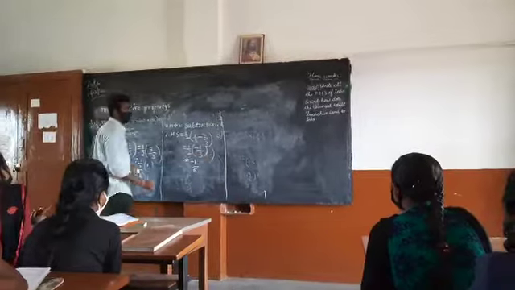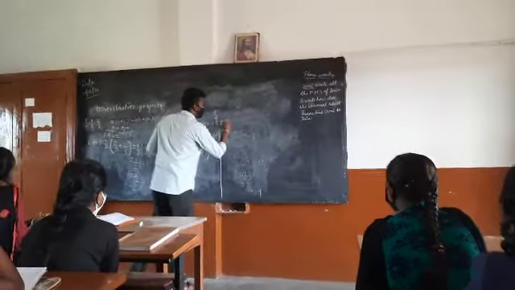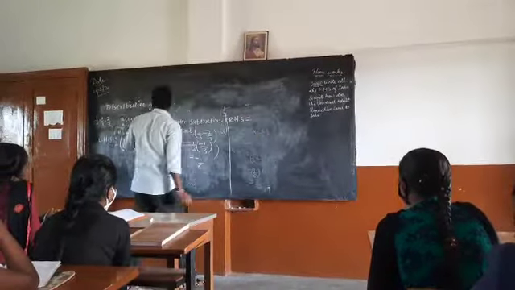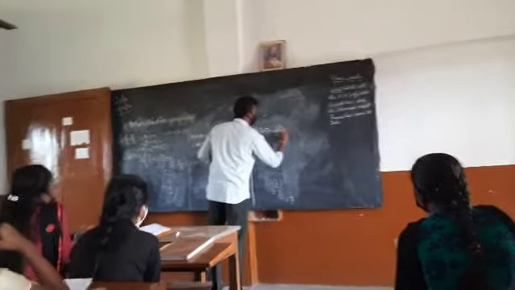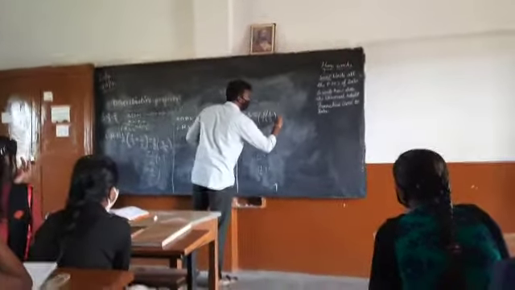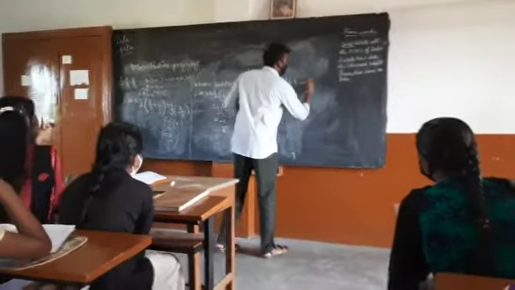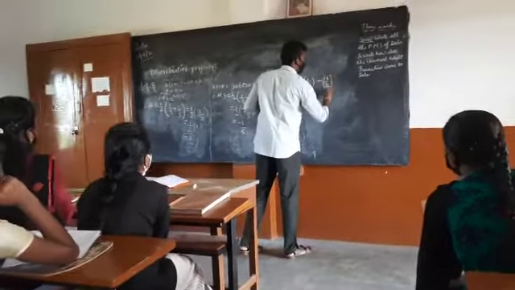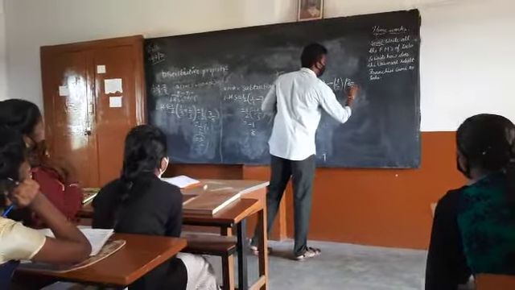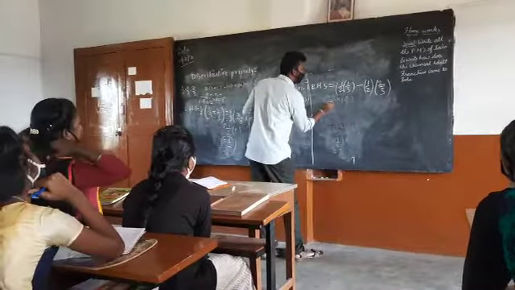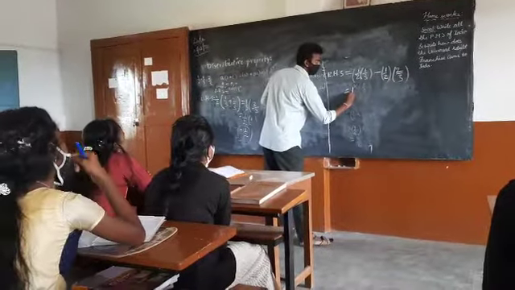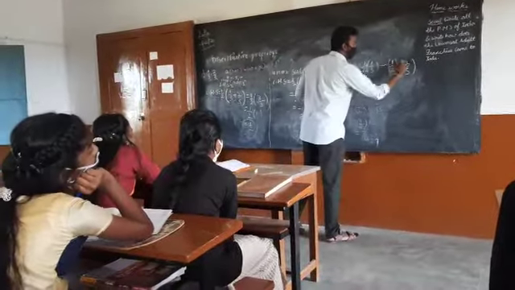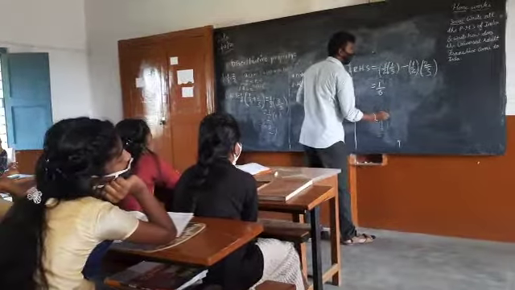Let us check for the RHS again. RHS: 1 by 2 into 1 by 3, minus 1 by 2 into 2 by 3. 1 by 2 into 1 by 3 is 1 by 6. 1 by 2 into 2 by 3 is 2 by 6.